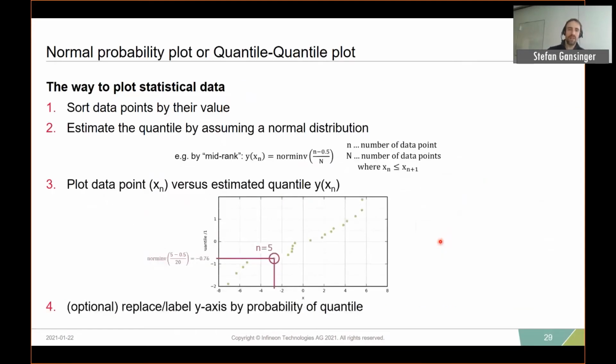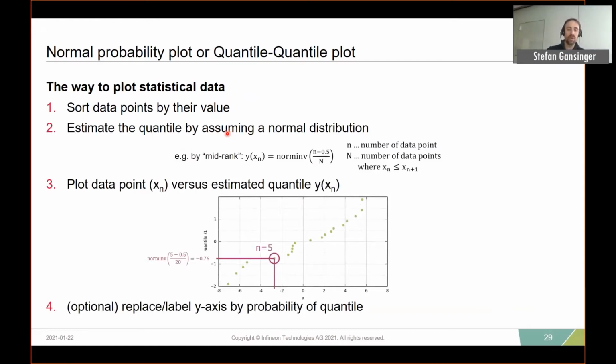How are we generating this? Like for the histogram, we sort the data points by their value, so from smallest to largest. But instead of grouping and counting, we are estimating a theoretical quantile. So we are assuming that the data is normally distributed. This isn't necessarily so, but we're just assuming it.